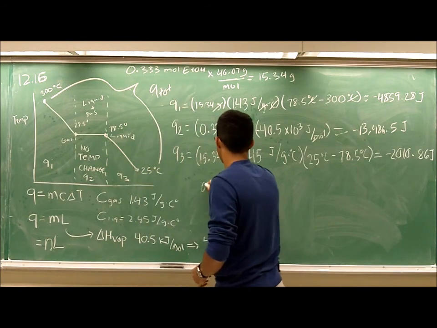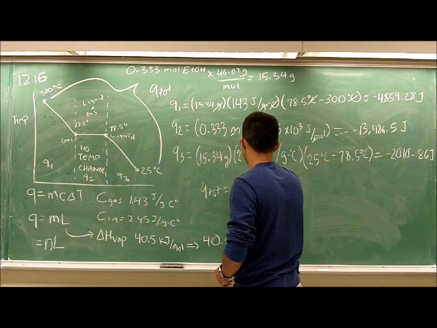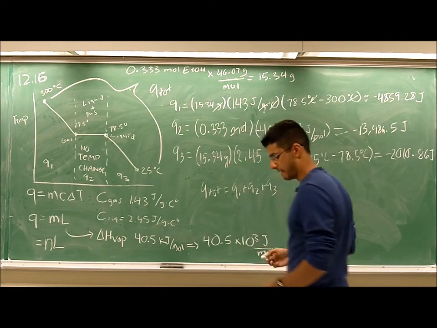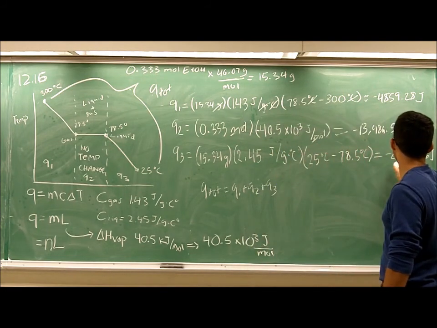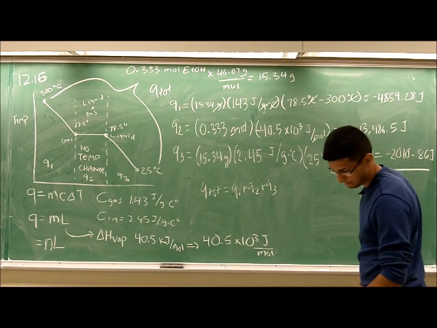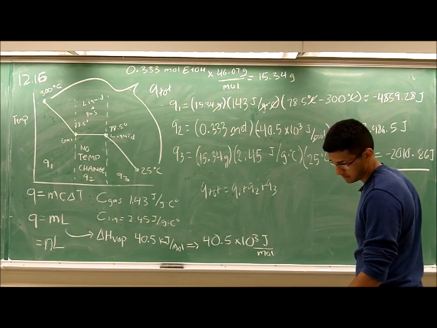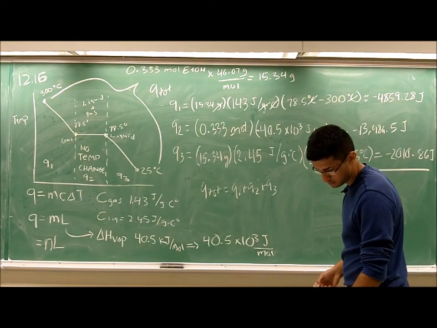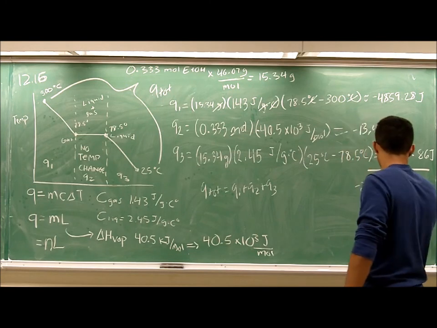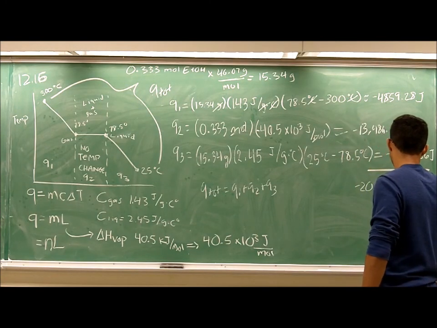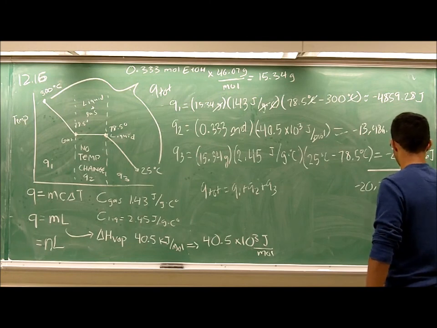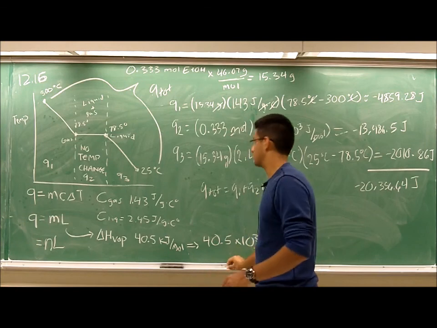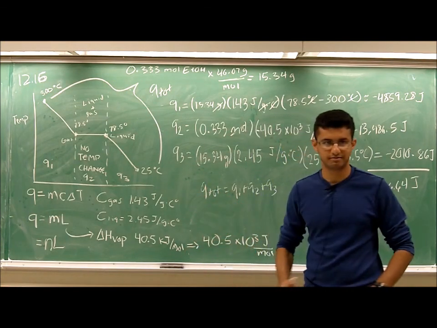Q total is just all the Q values added up, Q1 plus Q2 plus Q3, and that should give you a value of about negative 20,356.64 joules. And that's how you solve a heat problem. All right. We're good.